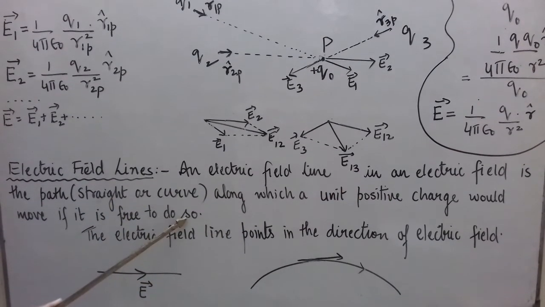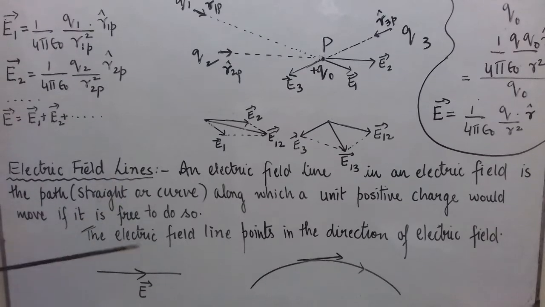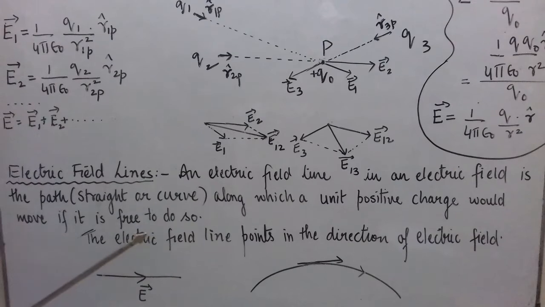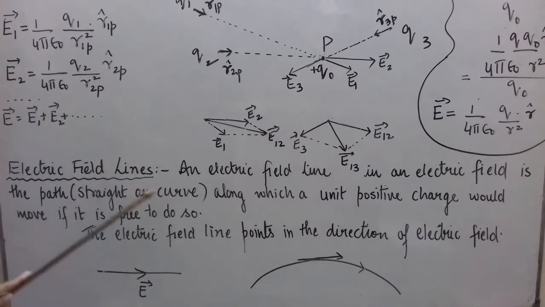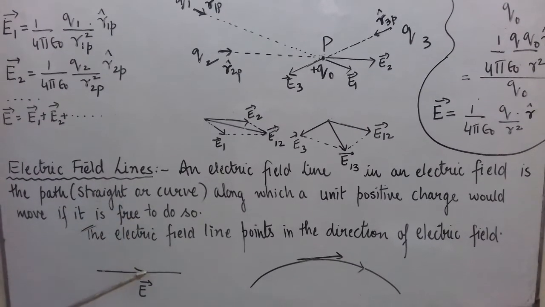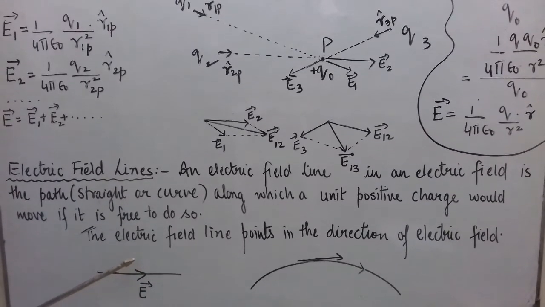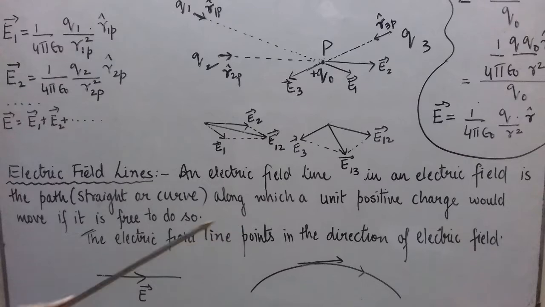Now, if the electric field line is straight, then just like a magnetic field line, it should be straight or curved, but it should also have an arrow on it because you have to tell the direction in which the unit positive charge would move.